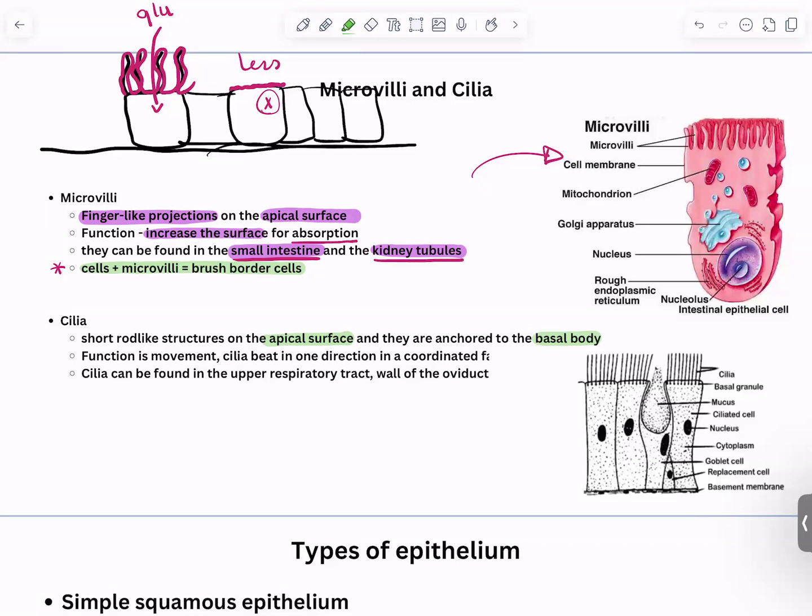But remember, they are shorter than microvilli, and they again appear on the apical surface. Maybe you say that, okay, we have them on the apical surface. Is it about increasing the surface area? The answer is no. If we want to increase the surface area, we will use microvilli. Cilia is about helping with the movement.